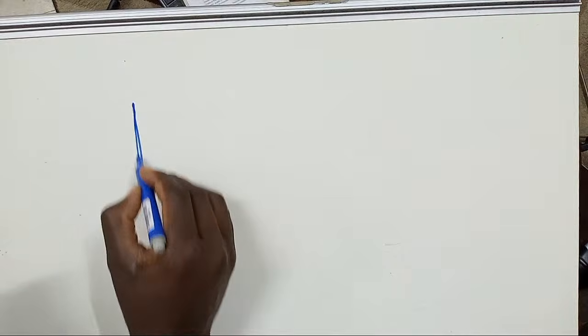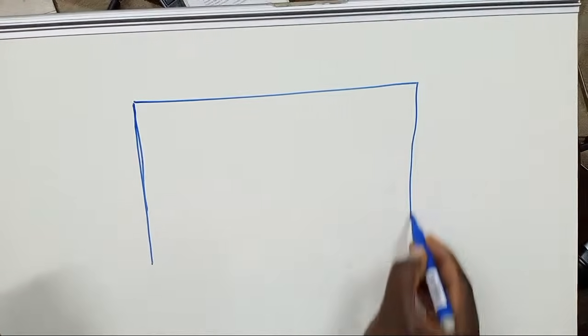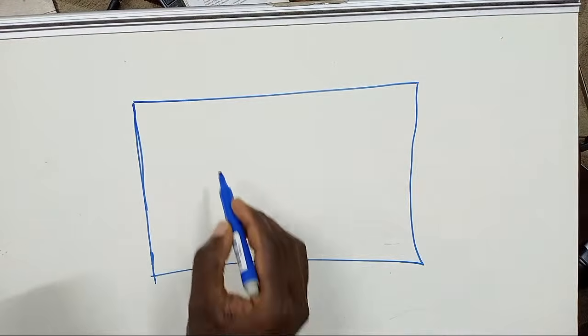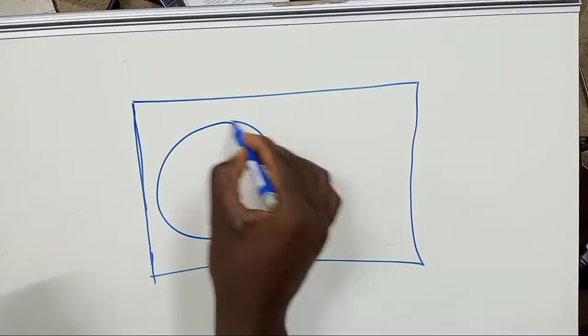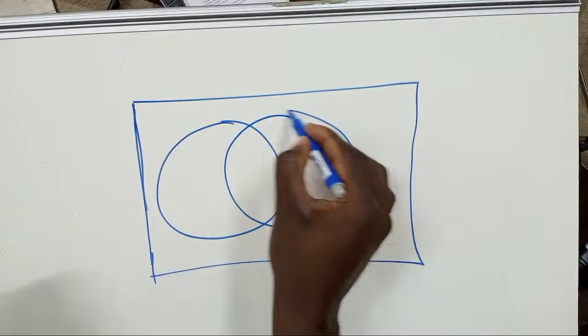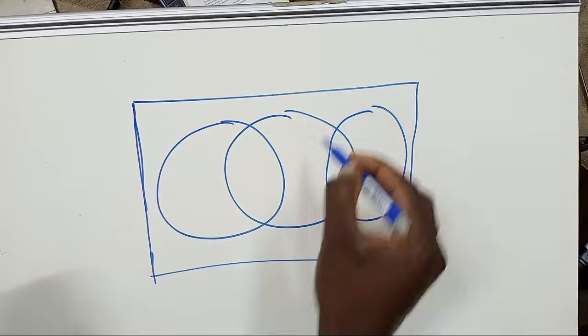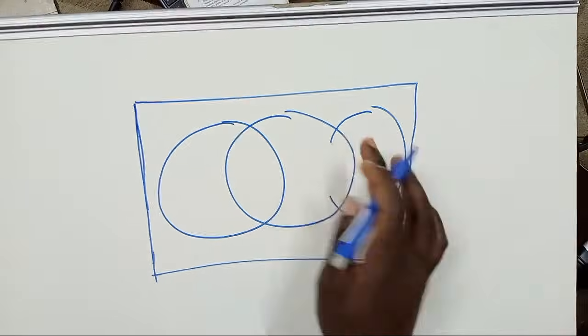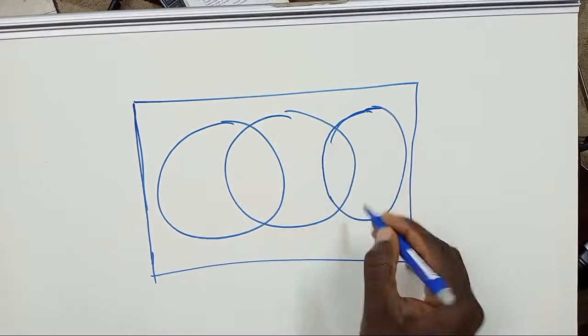I'll just read it and draw the set. So the sets look like this. This is a Venn diagram. So we've got a set right here, here, and here. Hopefully you guys are able to see.